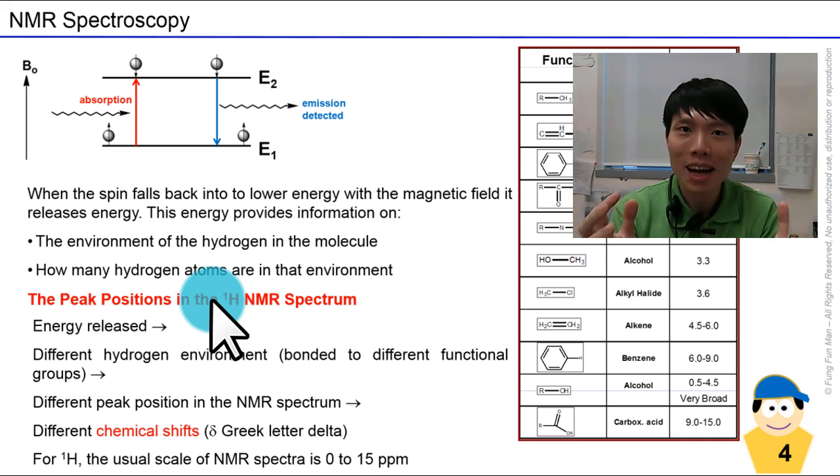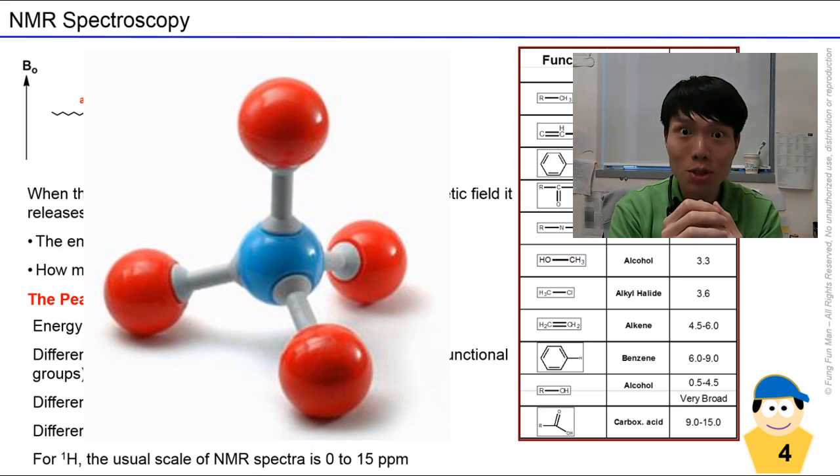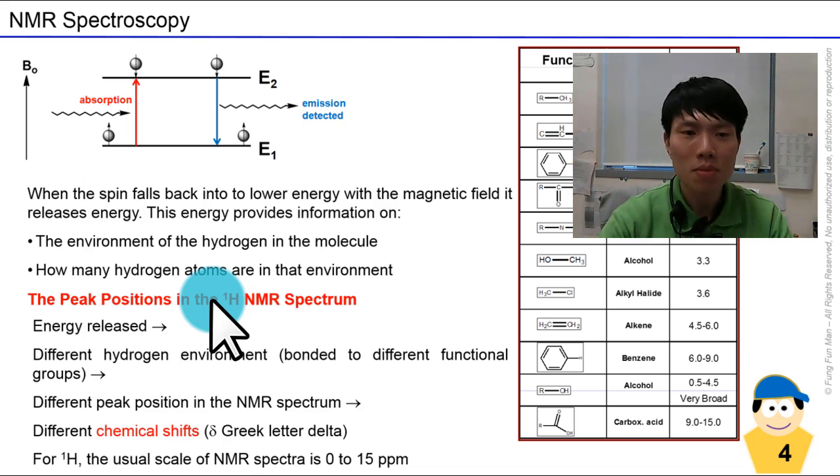So let's say I have methane, CH4. All 4 hydrogens are attached to the same carbon, so they are in the same environment. So in the NMR spectrum for methane, there's only one signal because they are all identical.